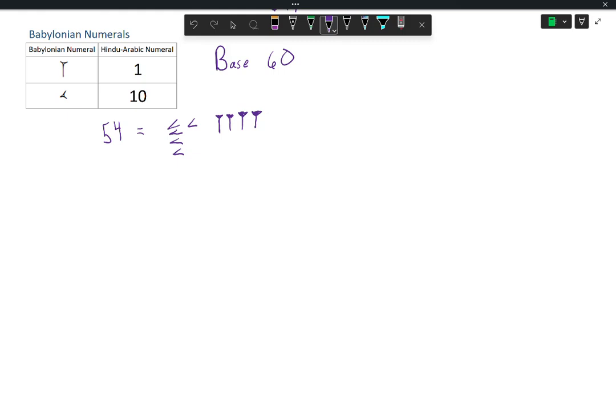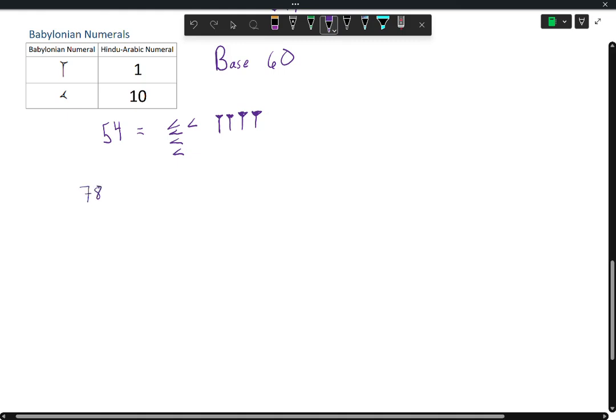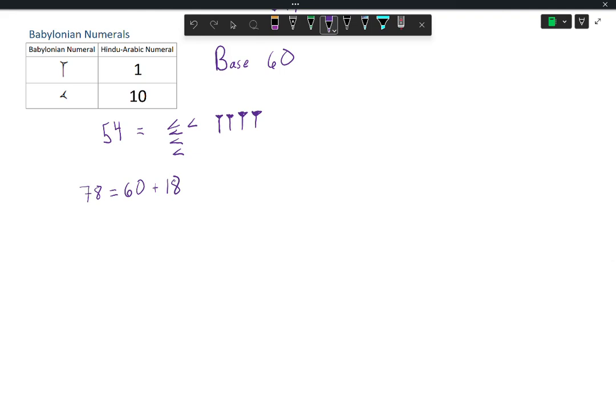Now here's the tricky part, and that is what the Babylonians would write for something like 78. Now the thing to remember is 78 is 60 plus 18. Now why is that important? Well, the Babylonians thought of 78 as 1 60 plus 18.